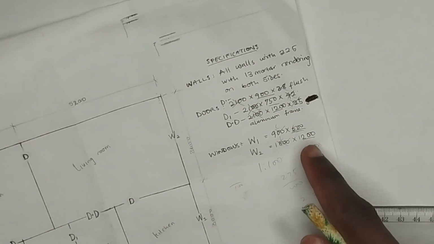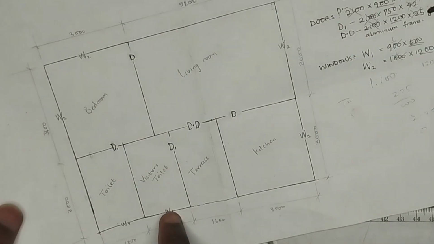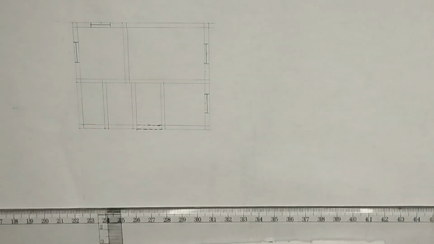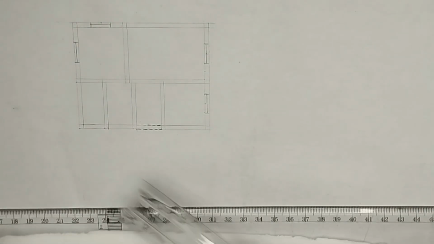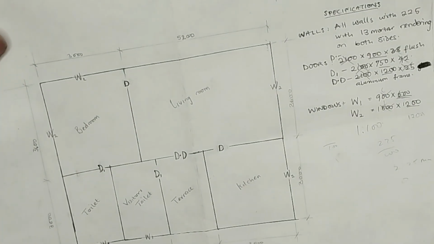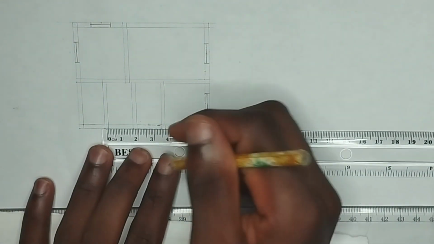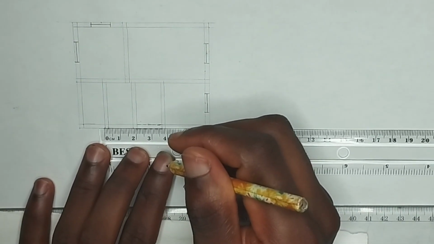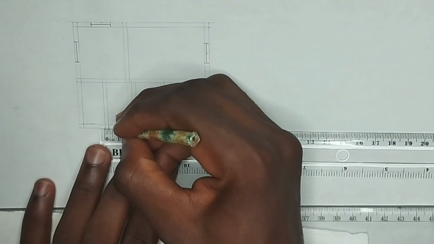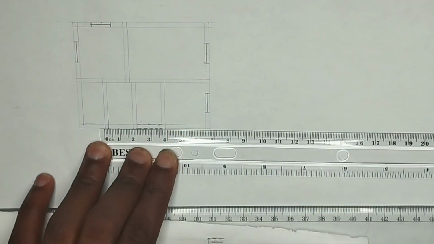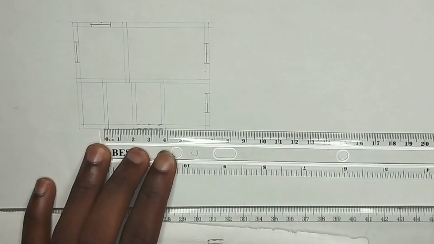All right, so the W1, which is the toilet window, is actually 600. Okay, so I'm going to get the center first. This is 1800 and 1800. What is going to be the center? 900. So that's what I'm going to get first, 900. Okay, and we have been told that the distance is 600.